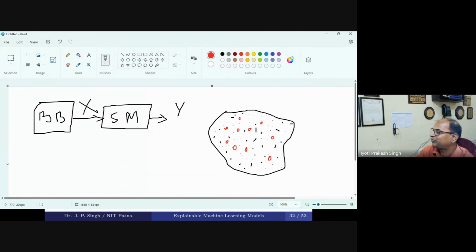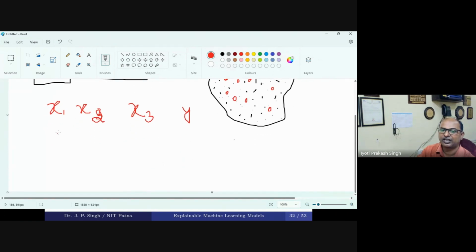Let me give you an example. Say I have some features here, x1, x2, and x3, and I have label y. Say the values are 1, 0, 1, 0, 1, 1, 0.5, 0.7, 0.9, and there are some labels associated with that.